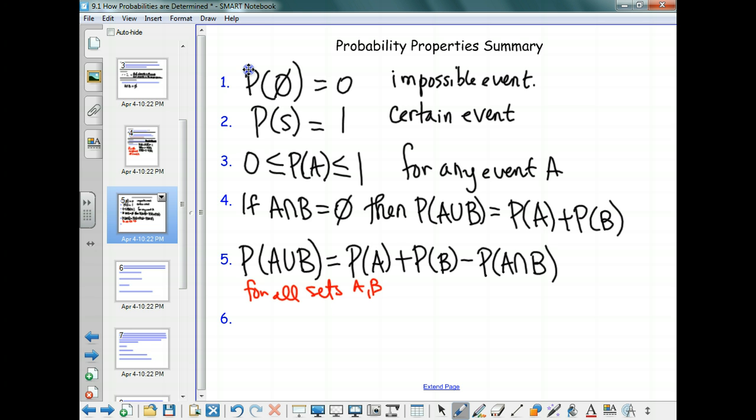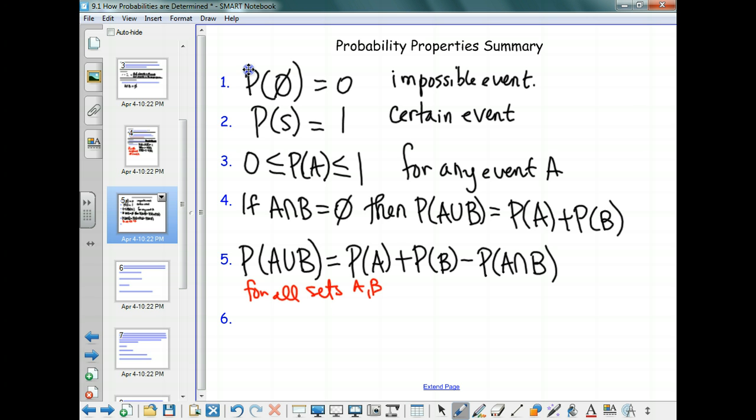This is audience participation time. What's the likelihood I'm going to roll an even and an odd? 0. It's an impossible event, right? I cannot roll the die and have it come up both even and odd. So this probability right here, in the case that it's something that can't happen, would be 0, right? So this equation still holds.